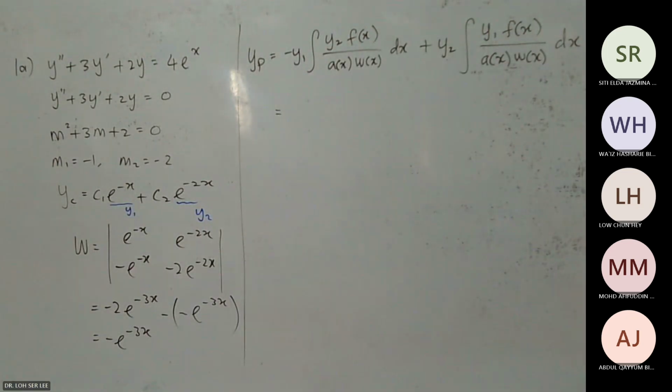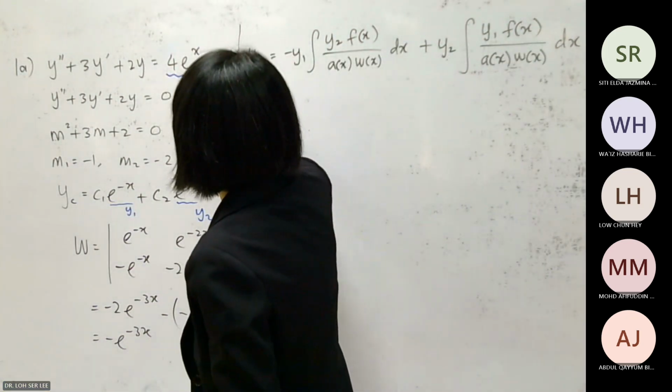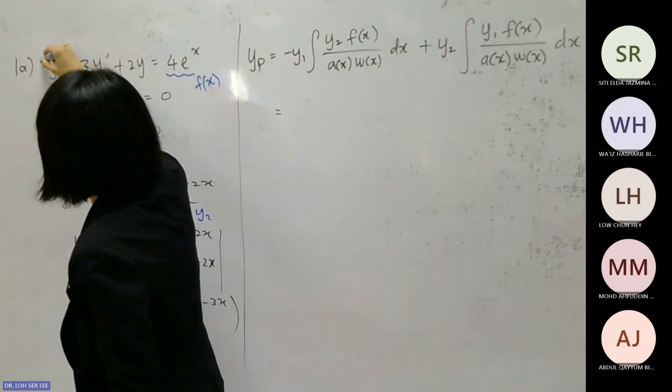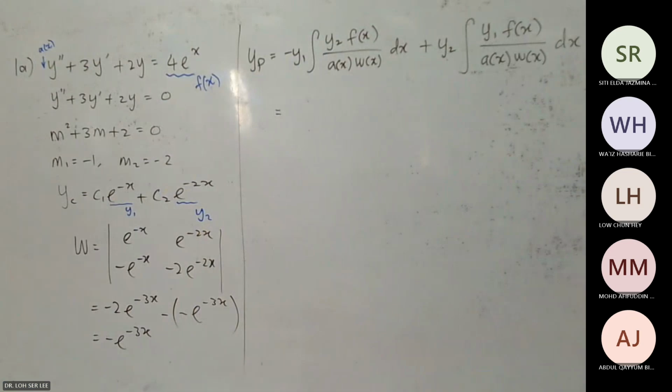This is the formula. This is your f(x). This is your a(x). a(x) is 1. So you substitute all this y1, y2, f(x), a(x), W(x) into the formula.